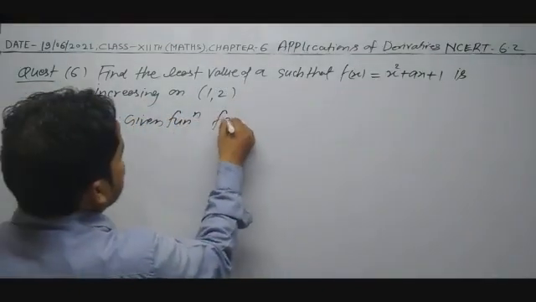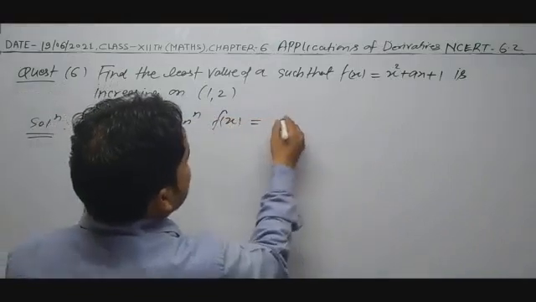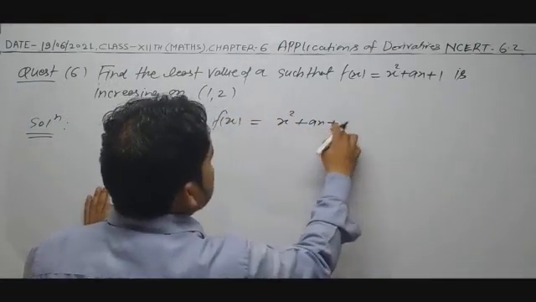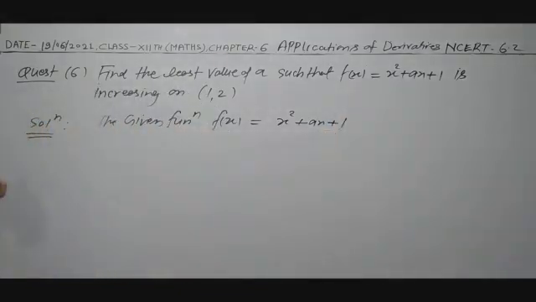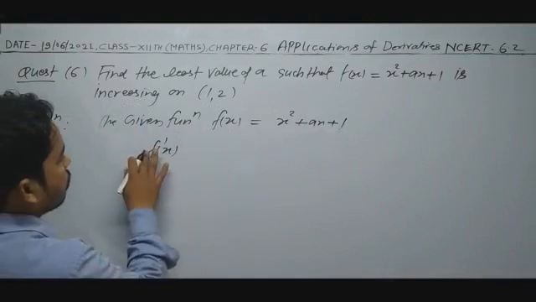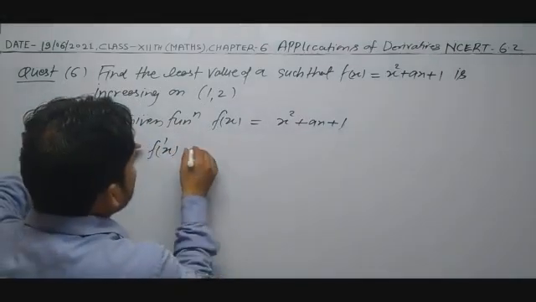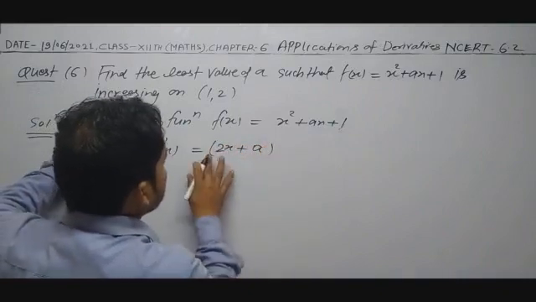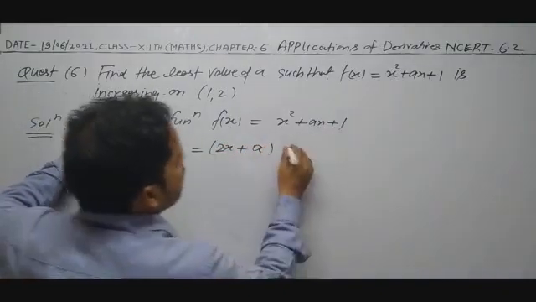The given function f(x) is equal to x square plus ax plus 1. Now f dash x can be written as 2x plus a. Consider equation 1.